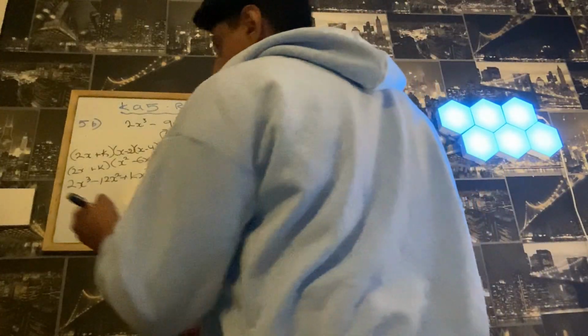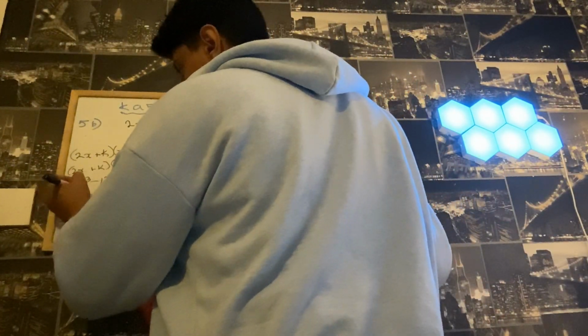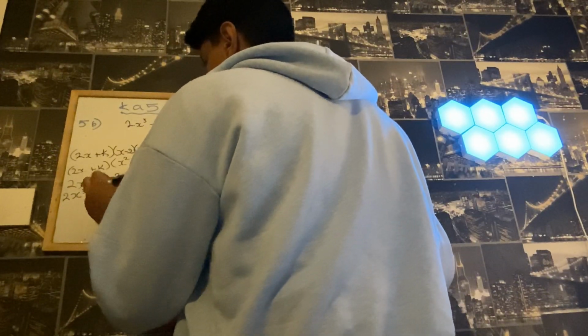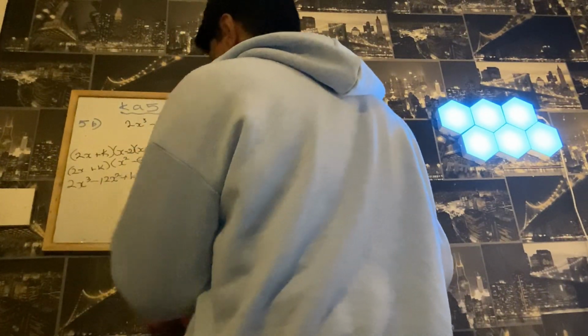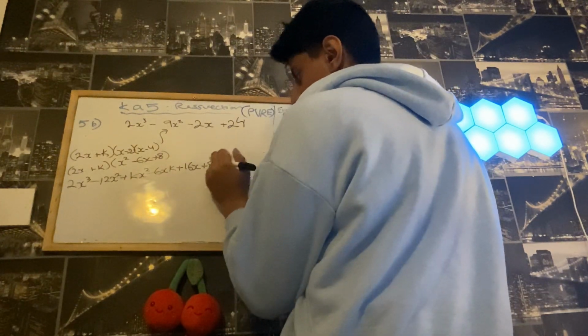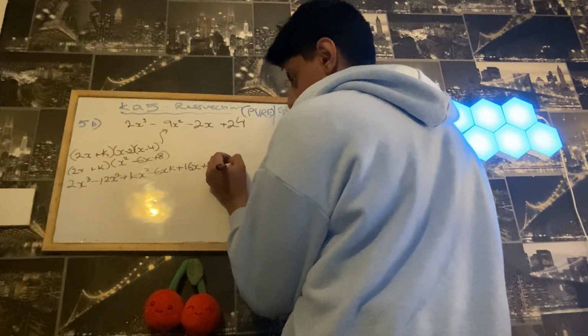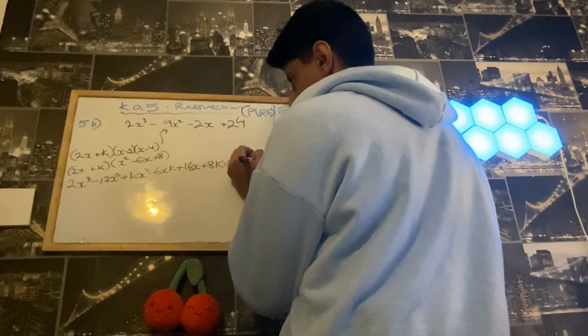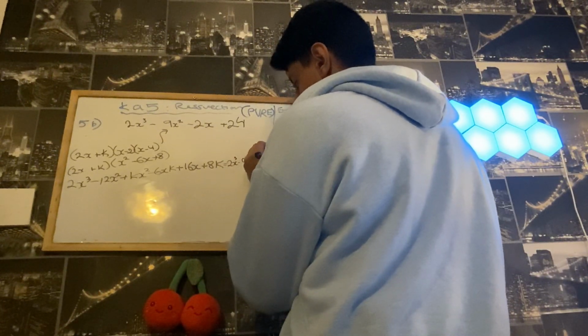And that would be equal to that, so let's put that on the bottom. 2x cubed, actually, I'll make this a little shorter. So that would be equal to 2x cubed minus 9x squared minus 2x plus 24.